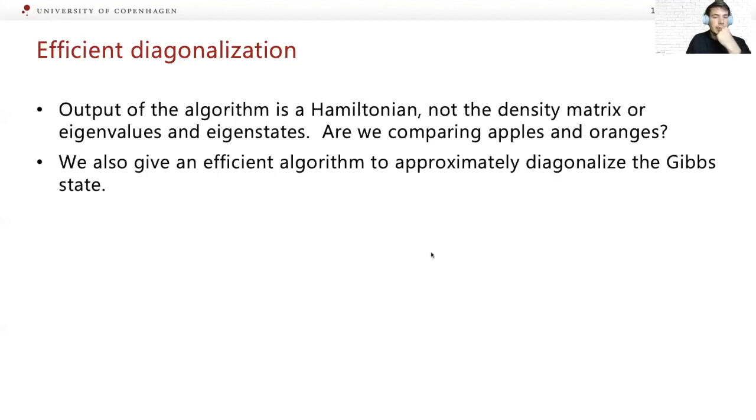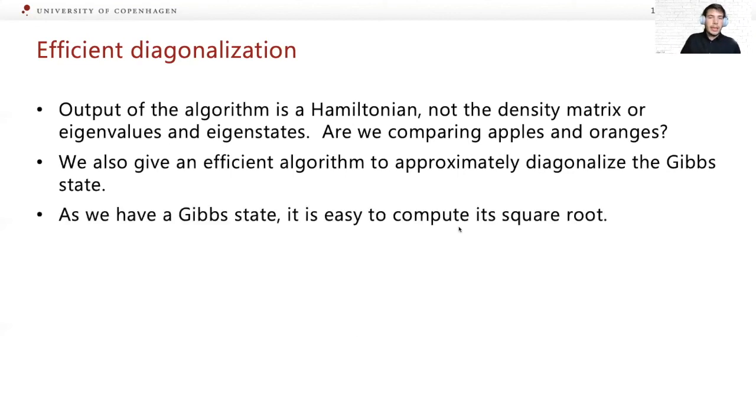So in order to address this, we also provide a way of efficiently diagonalizing the underlying Gibbs state and then obtaining a list of eigenvectors and eigenvalues for the Gibbs state. And this is all without sacrificing the speedups I mentioned before. So this procedure of getting this Gibbs state and then transforming it into a list of eigenvalues and eigenvectors can all be done with the same memory scaling and runtime scaling.